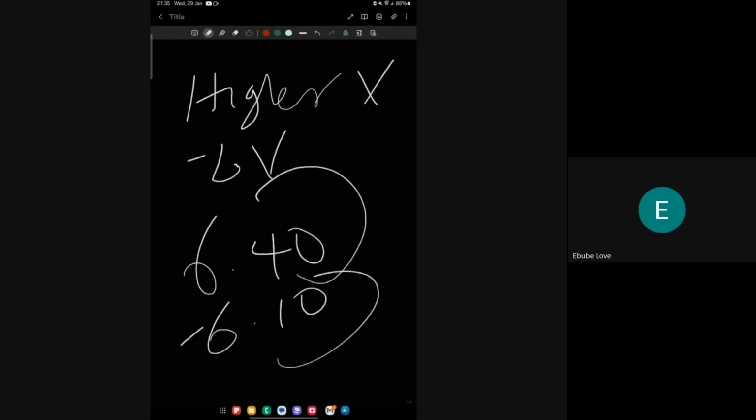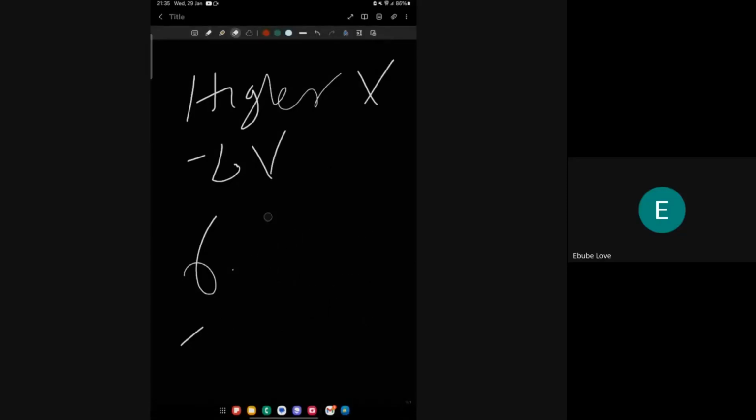You just want to know the difference in pips between your entry and your stop loss. There's nothing complicated.